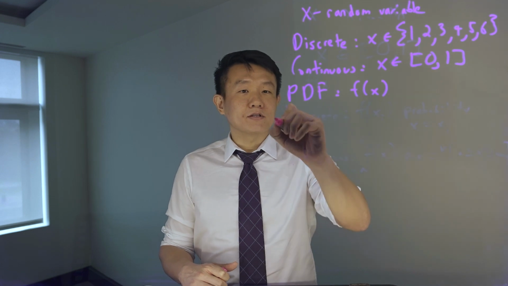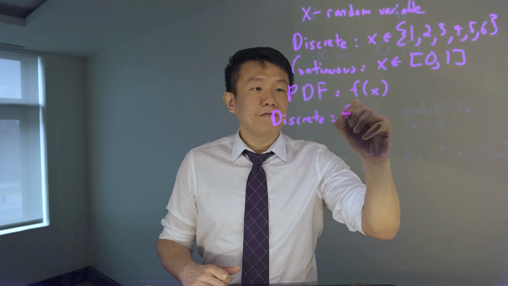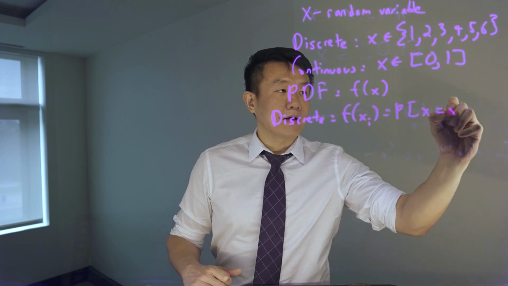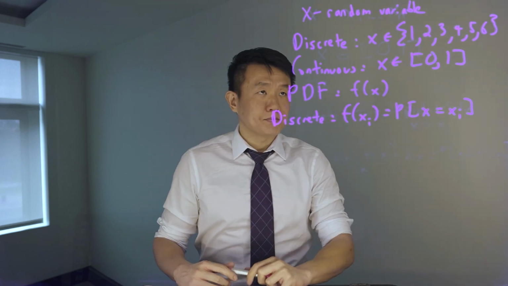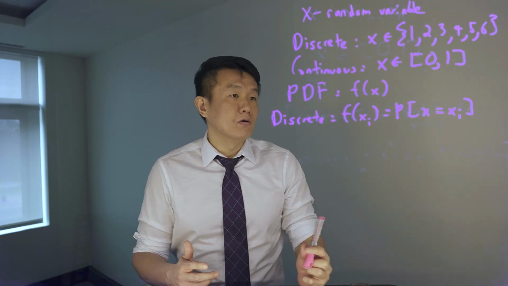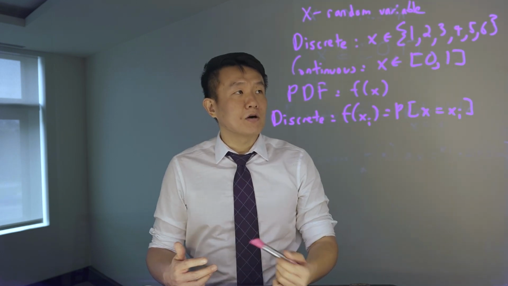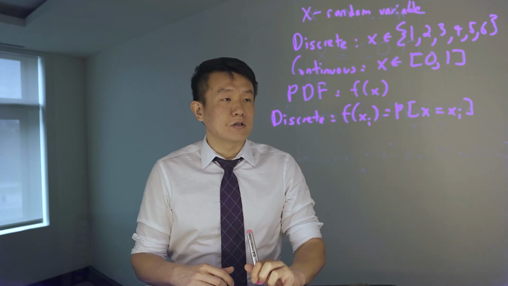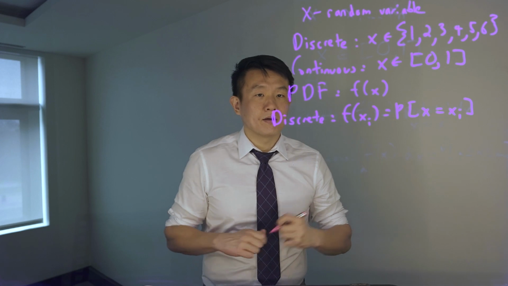So if I have a discrete random variable, then f of x_i is indeed the probability that x equals x_i. So for something like a dice roll, the probability of each of these outcomes occurring is 1/6. So the density function will be equal to 1/6 at each of these values.